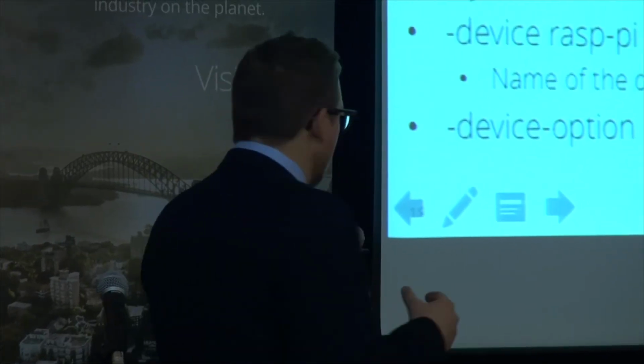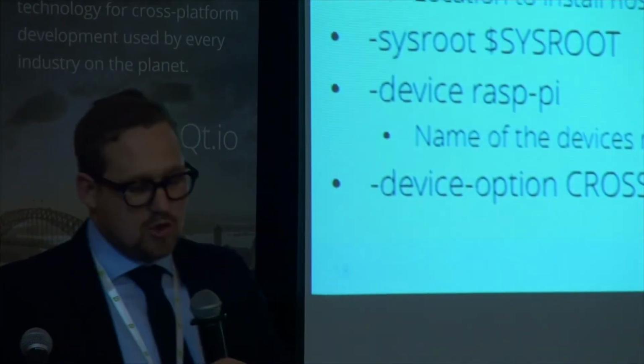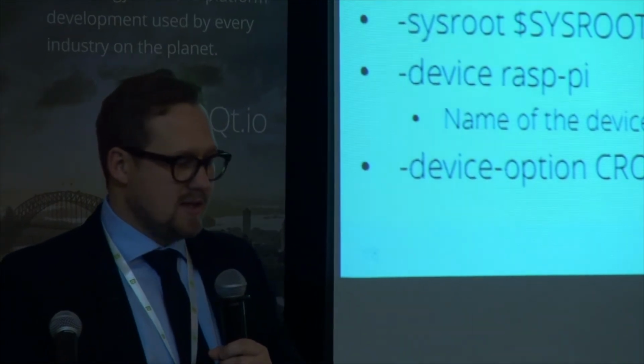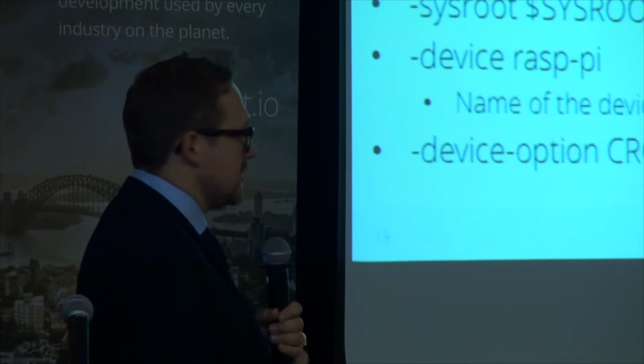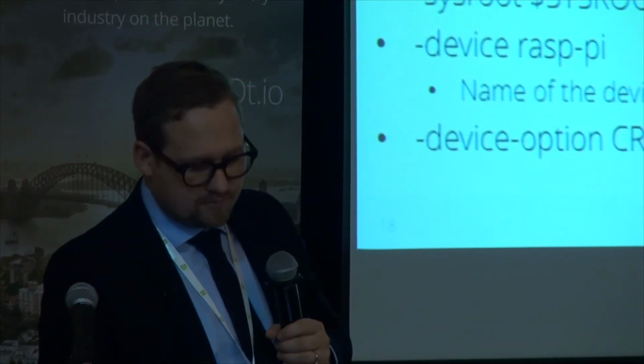Host prefix is where you are installing all of the binary tools on your development machine. So that's qmake, moc, uic, etc. So those are the Qt tools used to build your application. And then the sysroot, of course, which are the development headers and libraries on your host machine.